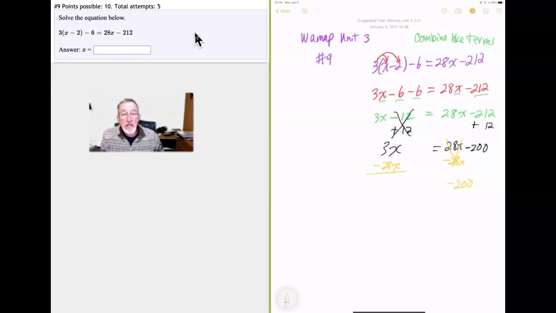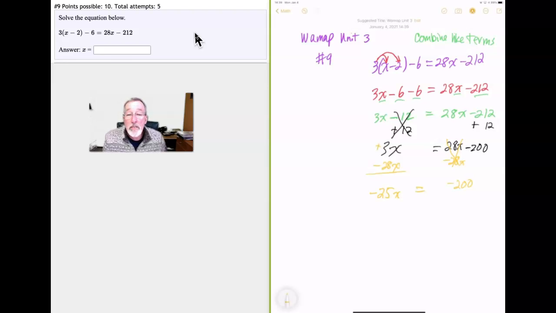And the signs are different, right? You could call this positive 3. So when the signs are different, we take the difference between the two numbers, which is 25. And then the number that has the larger absolute value, which is 28, is negative. So the negative sign survives. And we have negative 25x is equal to negative 200.